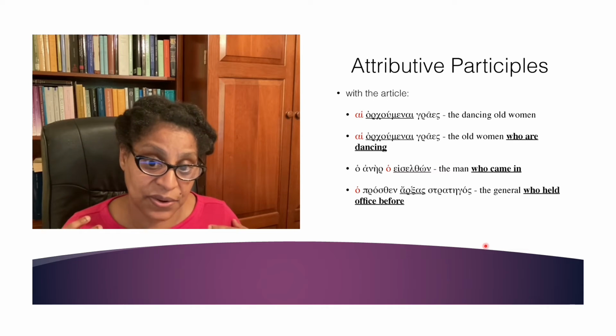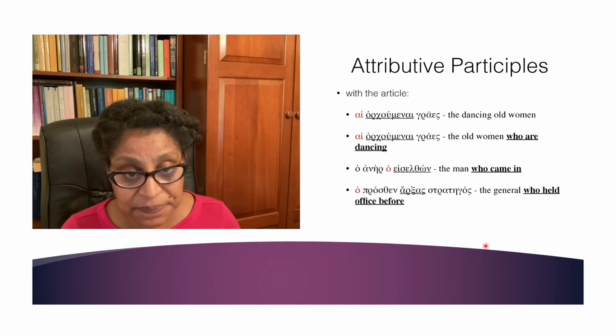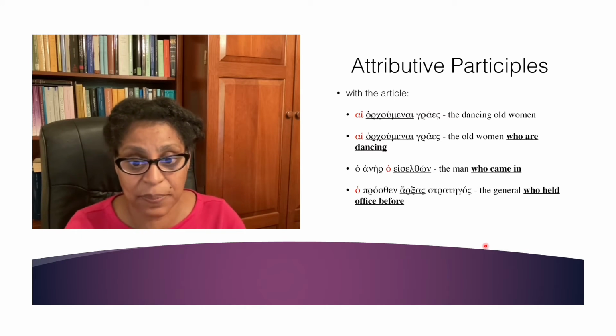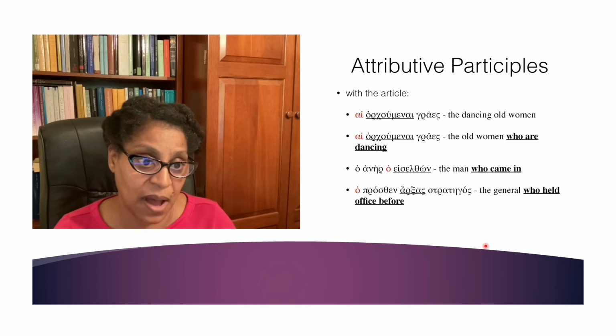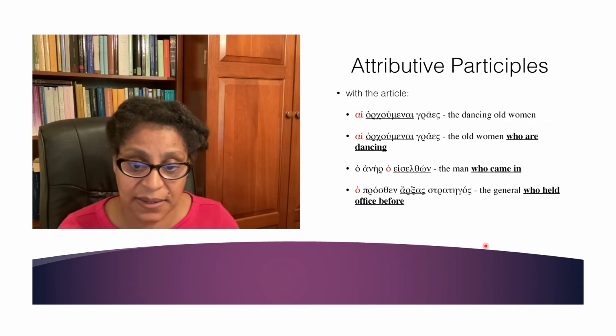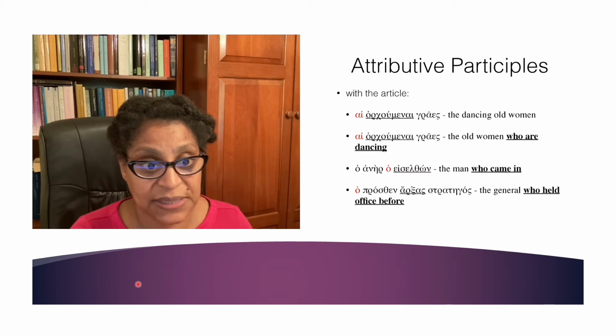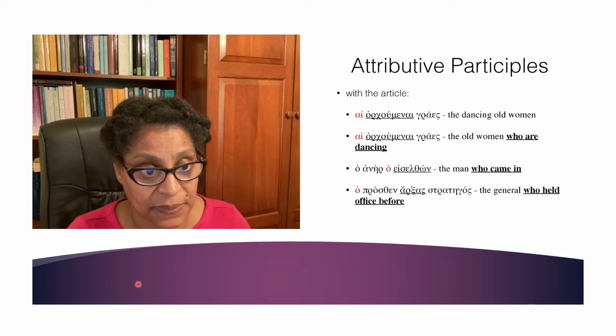They can either use a relative clause, or they can use an article with the participle modifying the same noun, and that gives you a relative clause. And usually it's pretty clear that that's what's going on.